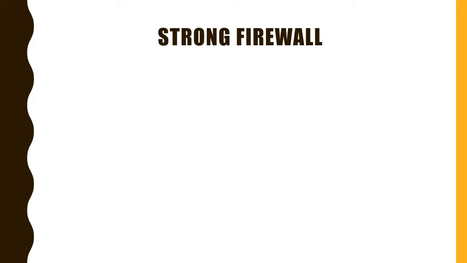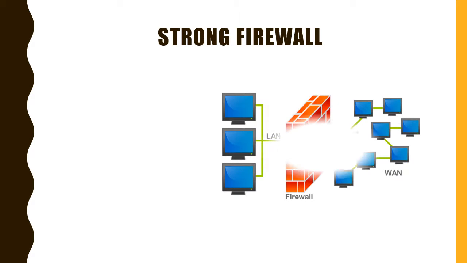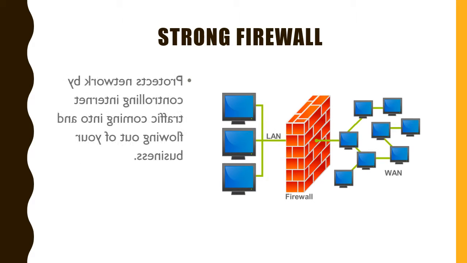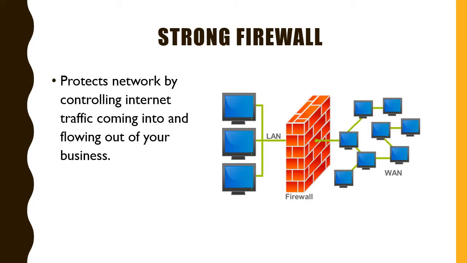Second, put up a strong firewall. In order to have a properly protected network, firewalls are a must. A firewall protects your network by controlling internet traffic coming into and flowing out of your business. And we should mainly use the major brands.